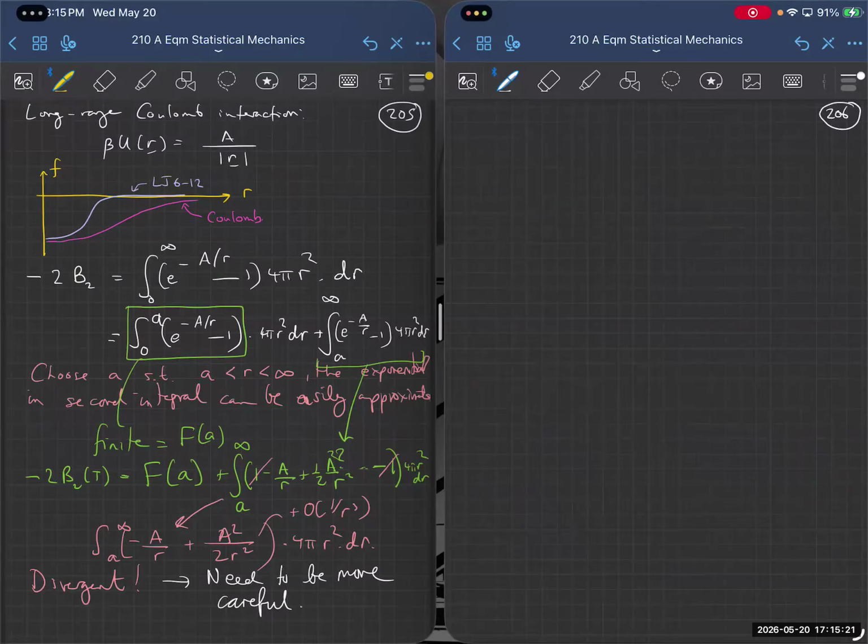This isn't a place where I want to go into a lot of detail about expansions and asymptotic series and summability and so on.